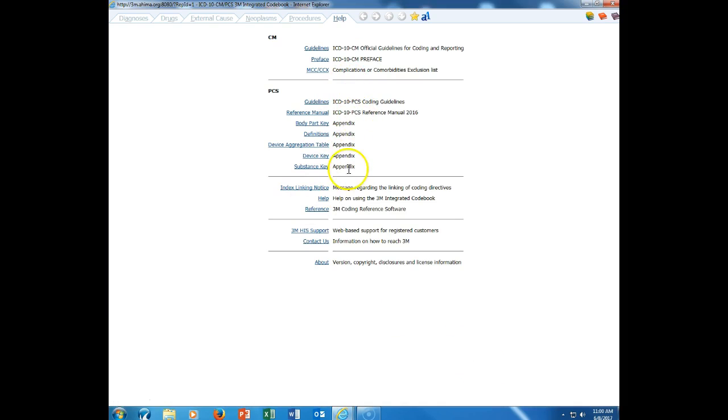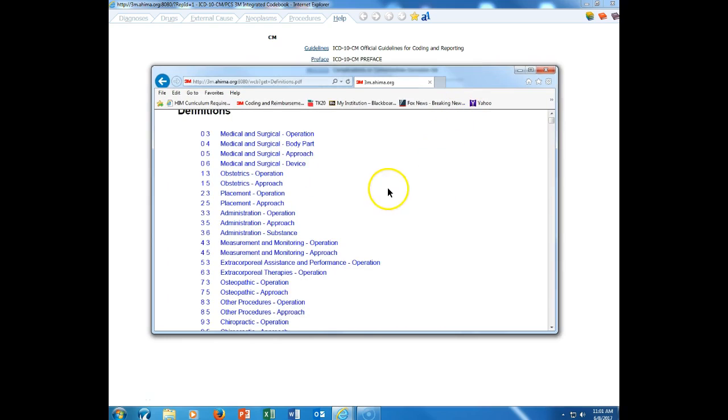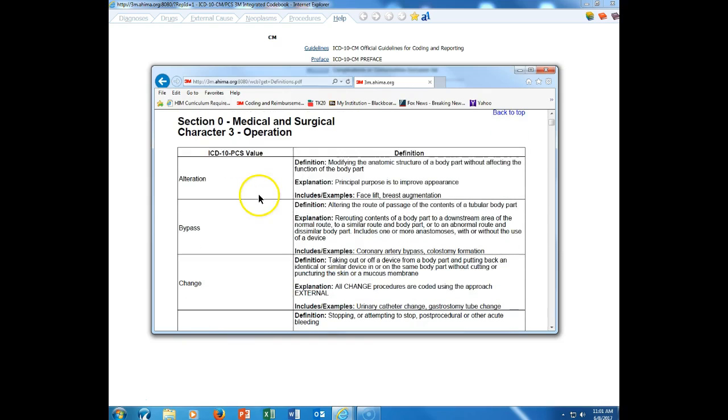Now, the other thing that we have is a definitions manual. When you go into this definitions manual, it includes the definitions for all of these different areas. So these are the root operations.